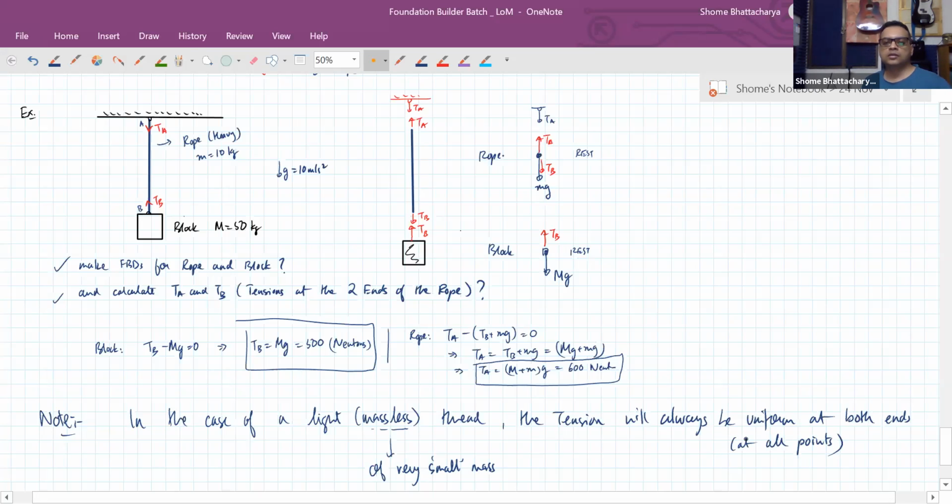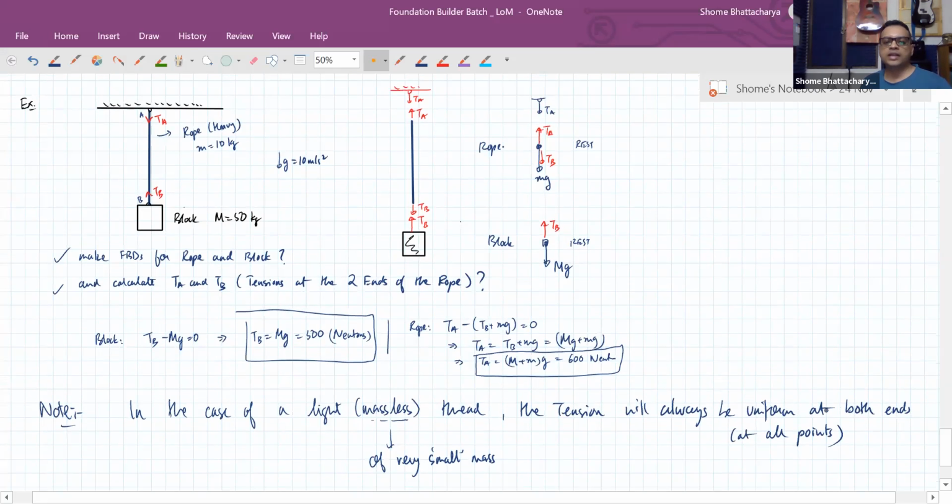Okay. So that you can understand like this only. If you replace this with a thread whose mass is very small, like mass is, let's say, 50 grams. Okay. But you have the same block, it's 50 kg. Okay.